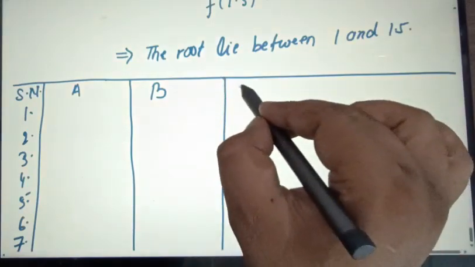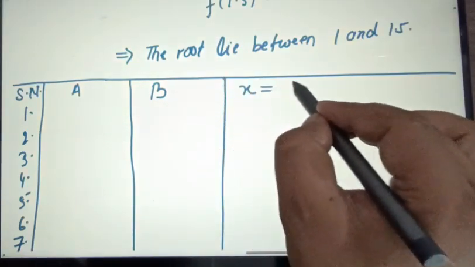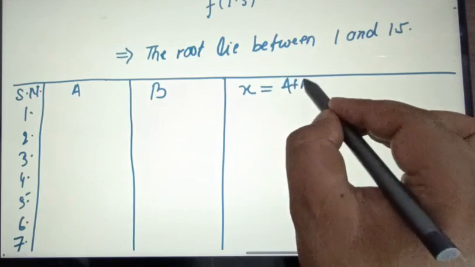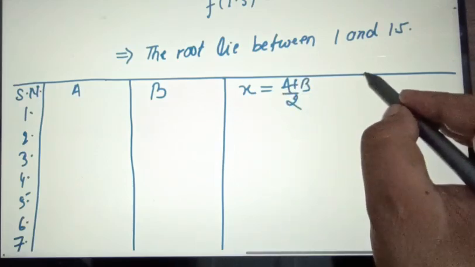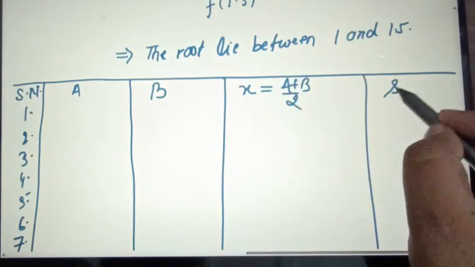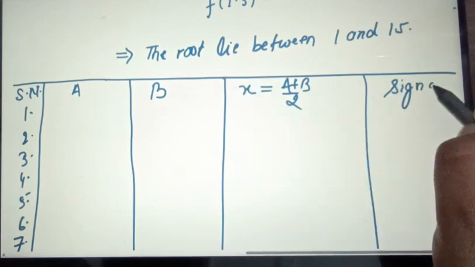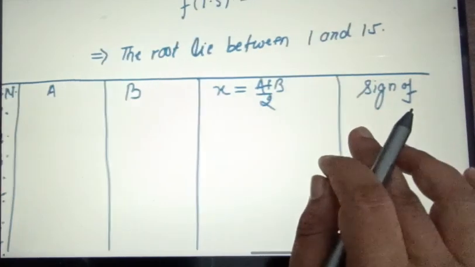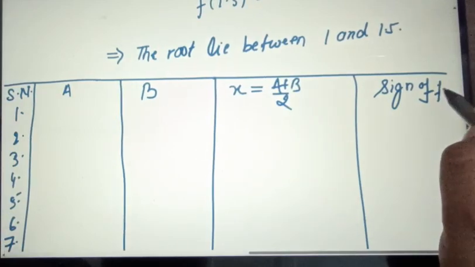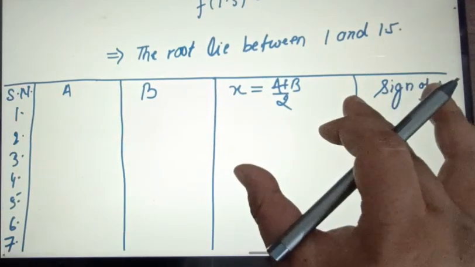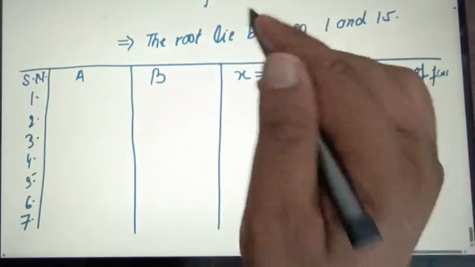Here you need to write the x formula, that is a plus b by 2. Here you need to write the sign of f of x. So in this case, what should be the programming?